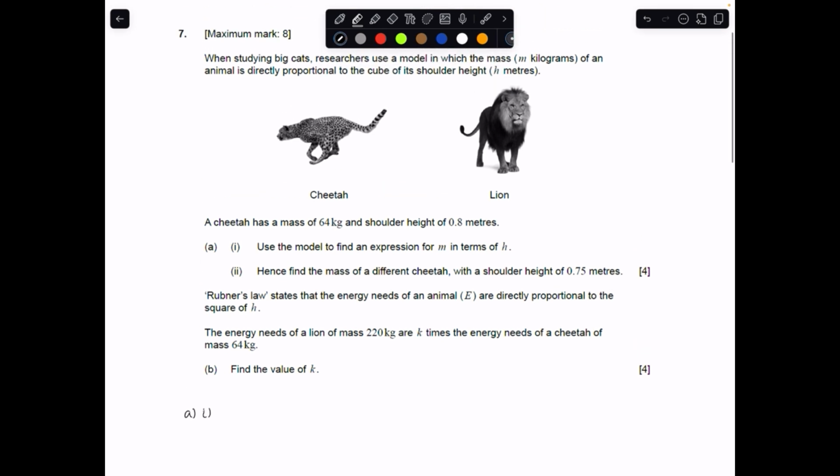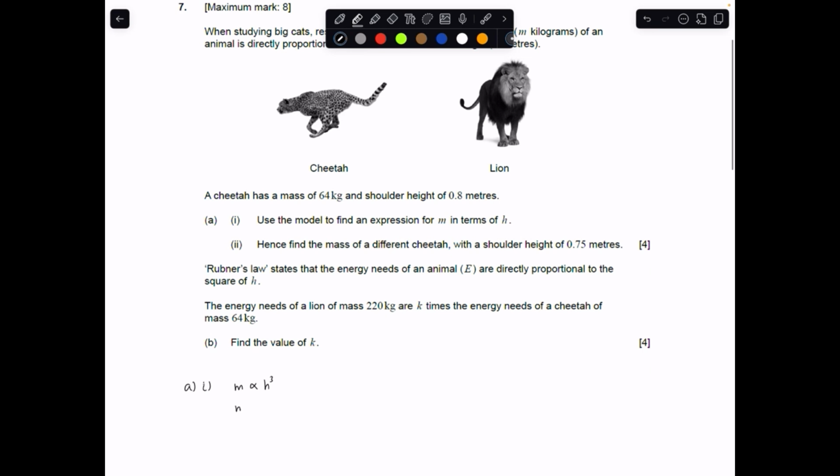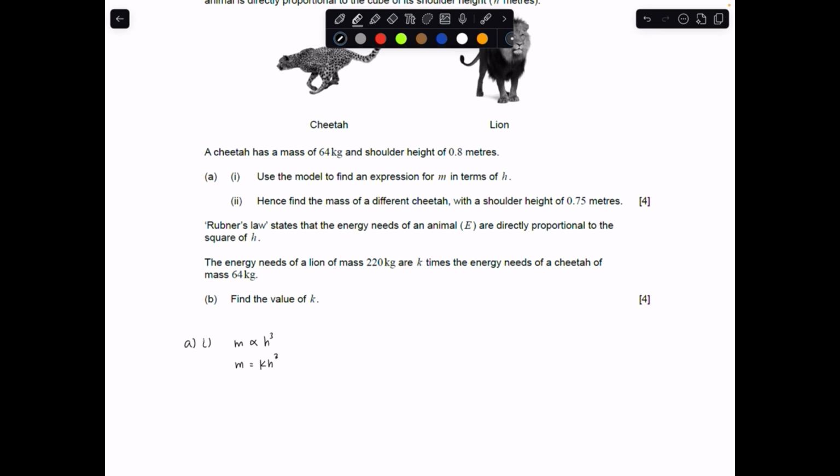So researchers use a model in which the mass of an animal is directly proportional to the cube of its shoulder height. And so in order to express this correctly, we change it to an equal sign and introduce a proportionality constant k times h cubed. So this is the expression. And we have to use the information given from the problem to find k.